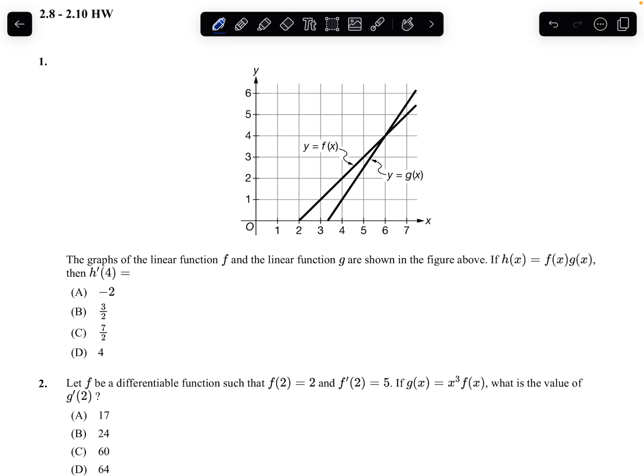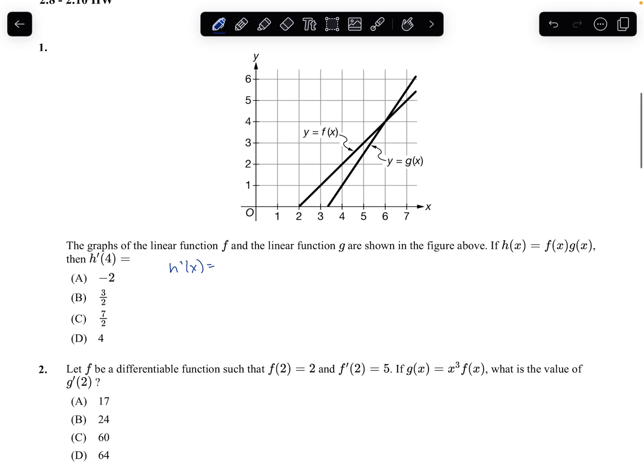Okay, so now notice here that this is a product of two functions of x, and so let's first find h prime of x. The thing about the product rule is that multiplication is commutative and so is addition, so it can be written in different ways, and it doesn't matter too much.